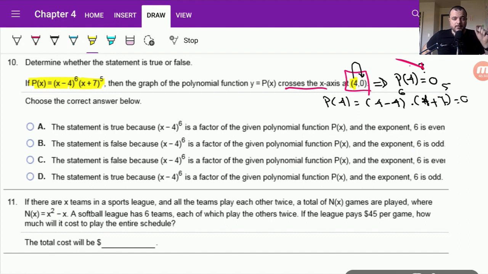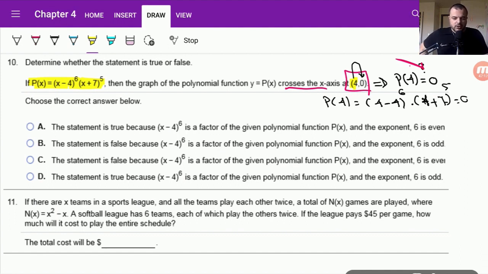Sometimes when you have a 0 of the function, the graph does cross the x-axis, and sometimes it doesn't. It just touches it, and the x-axis plays the role of the tangent of that graph. So how do we know this?